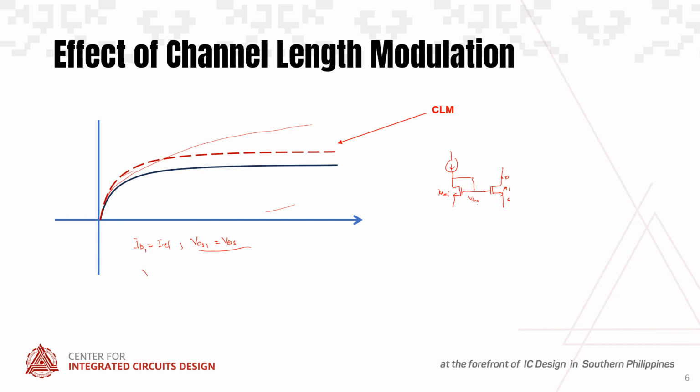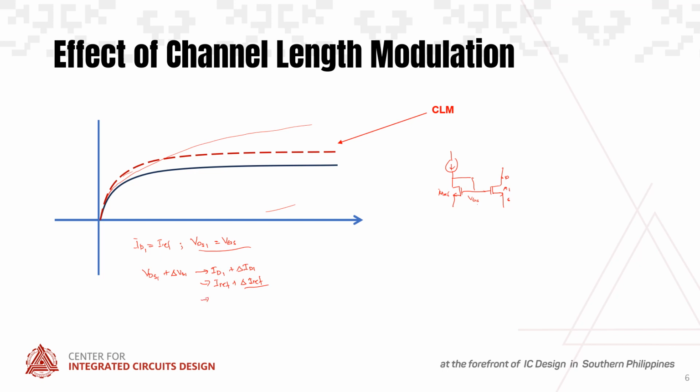So if we consider VDS1 to have a slight change, it has a corresponding change of our drain current, ID1 plus a little bit of change of ID1. And since ID1 is equal to Iref, it can have Iref plus change of Iref also. This small change of Iref can be represented by lambda VDS.